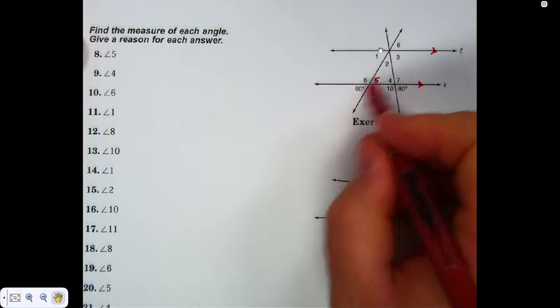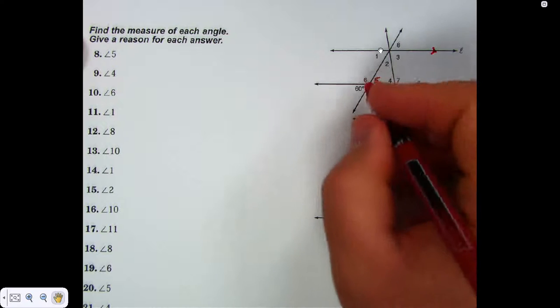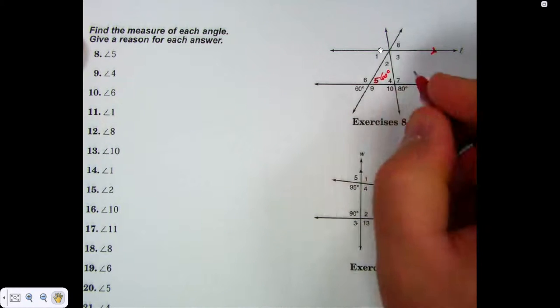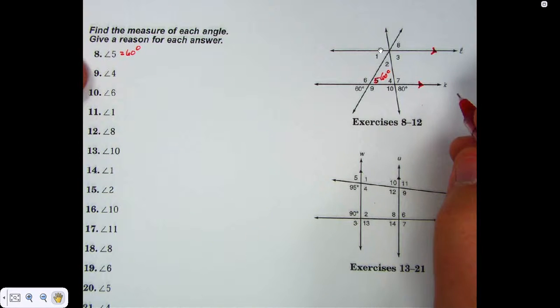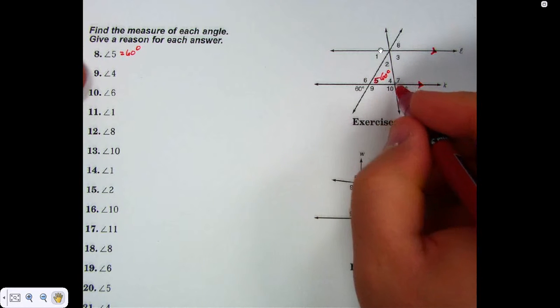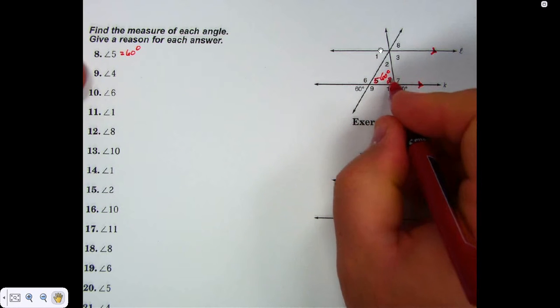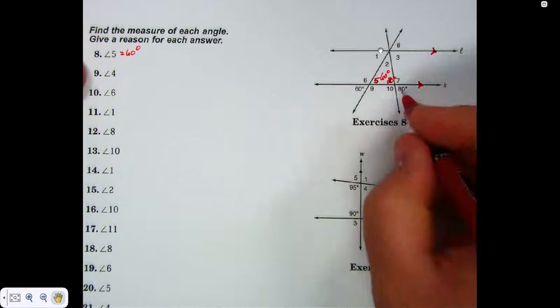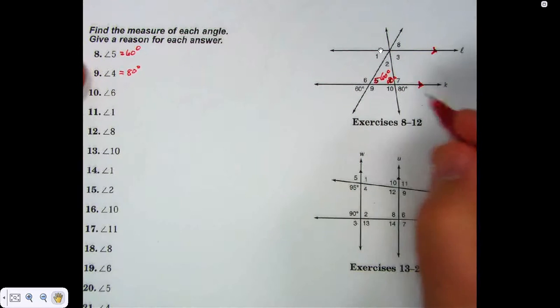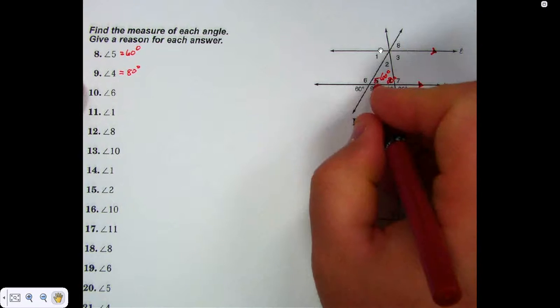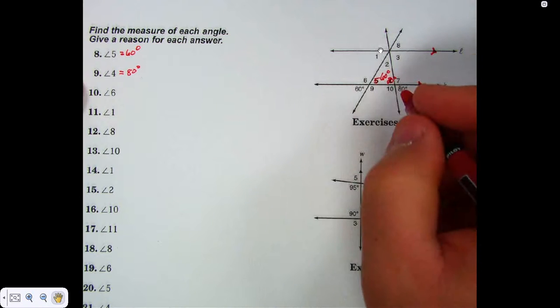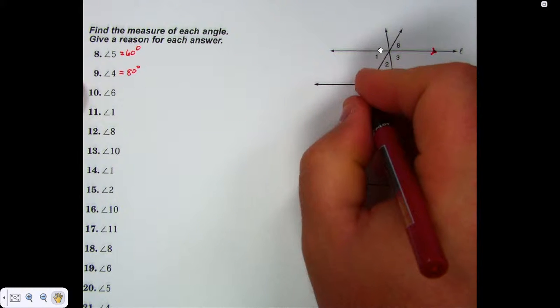The one opposite it, where two lines intersect, its vertical angle is 60. So angle 4 is 80, because it's vertical. Remember, these are my only two parallel lines here. Angle 6 is right beside the 60-degree angle. Together, what do they have to make? 180. So this one has to be 120.